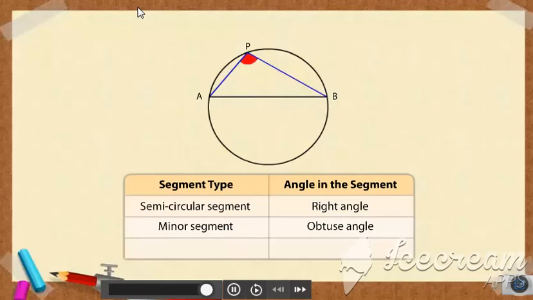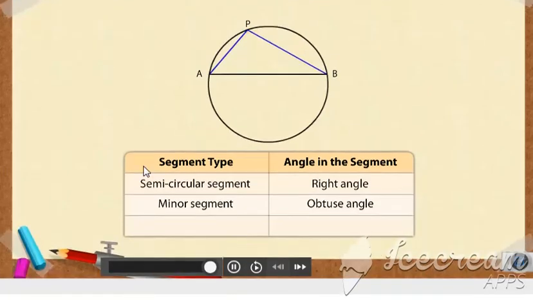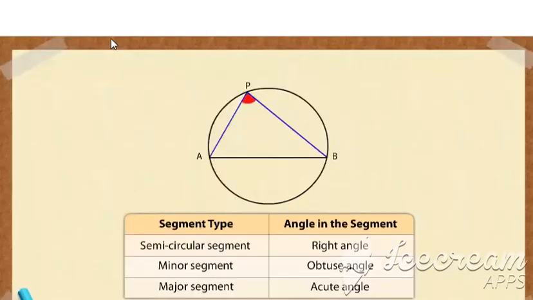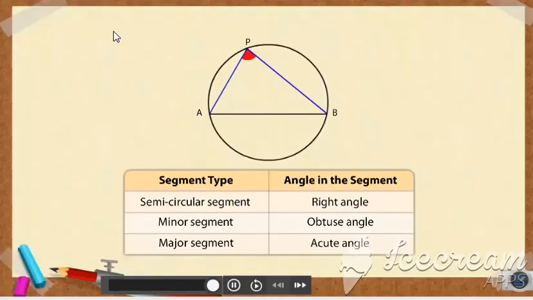Hence, we can say that the angle in the minor segment of a circle is an obtuse angle. Similarly, as the size of the segment increases, we see that the measure of the angle decreases. That is, the angle in the major segment of a circle is an acute angle.